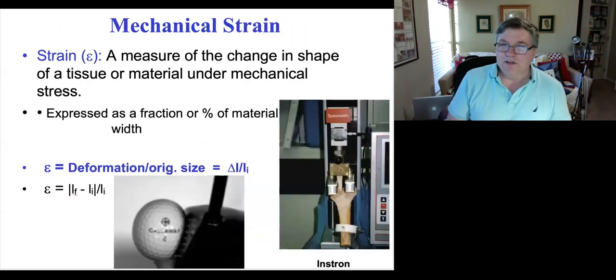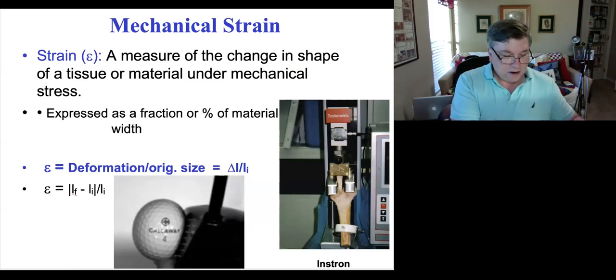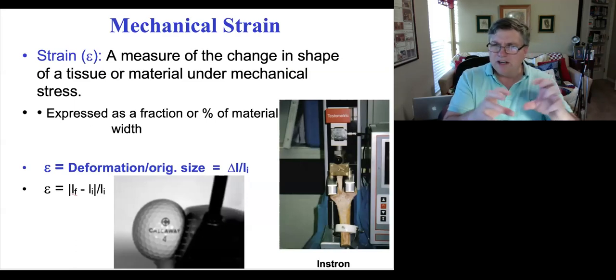Okay, mechanical strain is a measure of the change in shape of material under mechanical stress. So it's expressed as a fraction or percentage of the material's length or width. The reason we do this is, imagine you have a 2x4 and you have a section that's really short. You might notice it's actually hard to bend.